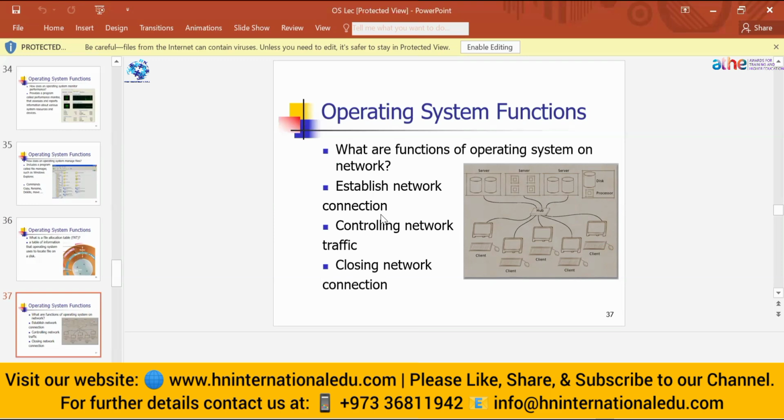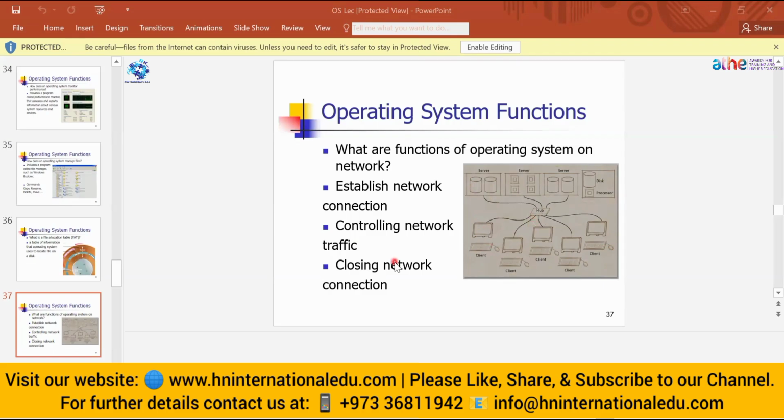Then there is controlling network traffic, where traffic refers to data transfer. So if this client wants to send data to this server, or the client requests something from this server, then its request will only be sent to this specific server. This is also controlling of the network traffic: the required request will not be sent to the other servers.